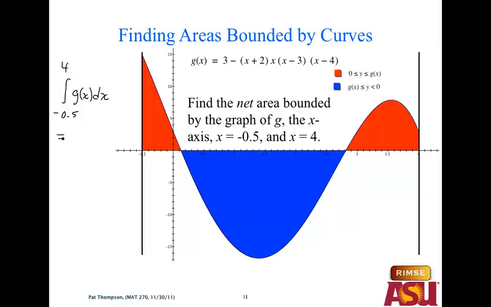All right, so this is finding the net change. Right? Wherever the rate is negative, it's going to reduce the accumulation. It's going to decrease it. So if we call these areas, areas are always positive, okay? So let's call this A1 and this A2.